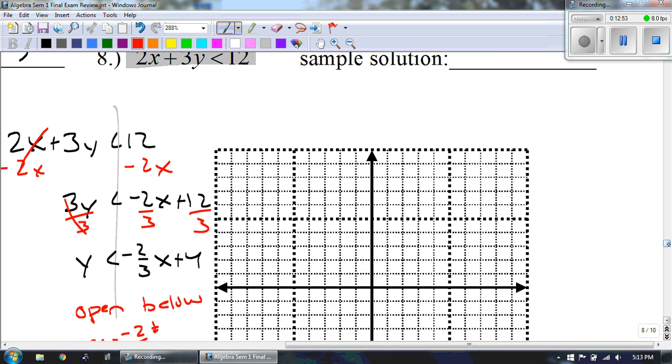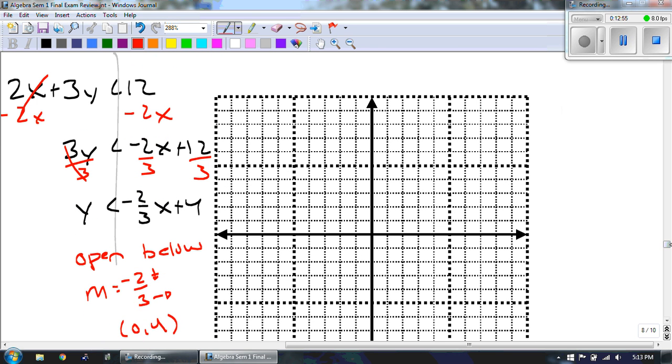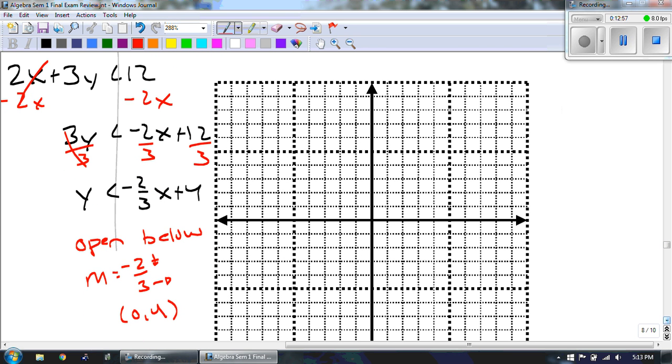Okay, so I'm going to use all that information over here as I start to graph. Okay, so it's 0, 4, and then I'm going to go down 2 over 3, down 2 over 3, down 2 over 3. And notice that I'm making open points.